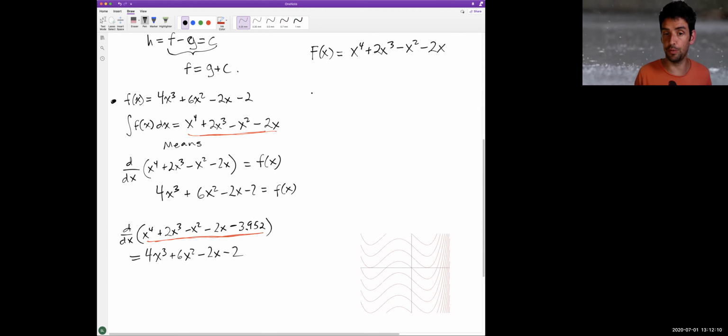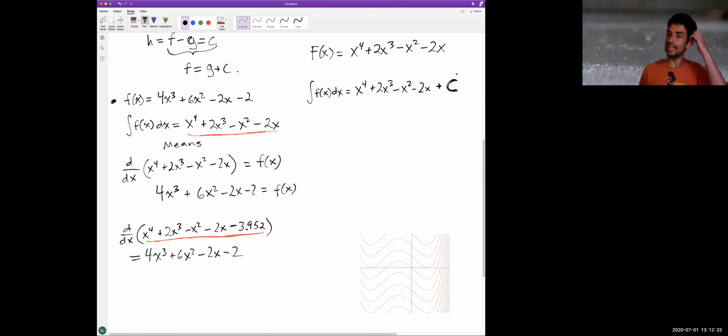So often what we'll do is write instead that the antiderivative of f of x is going to be x to the fourth plus 2x cubed minus x squared minus 2x plus, and we just write c to represent plus any constant, okay? This is no longer a function, it represents a family of functions.